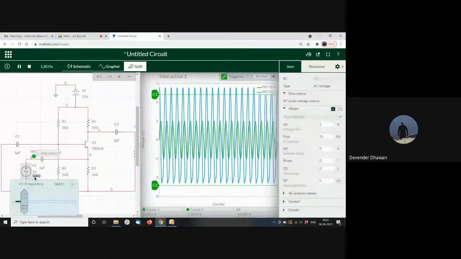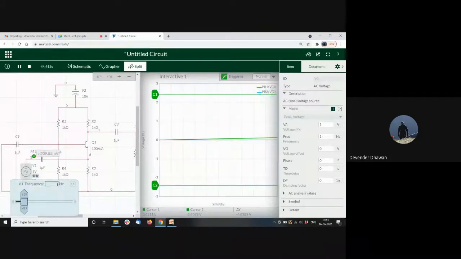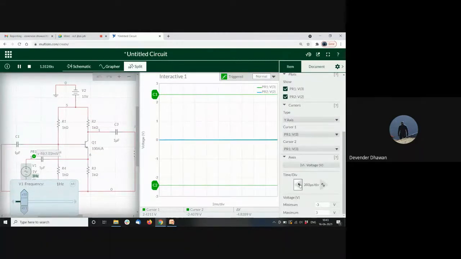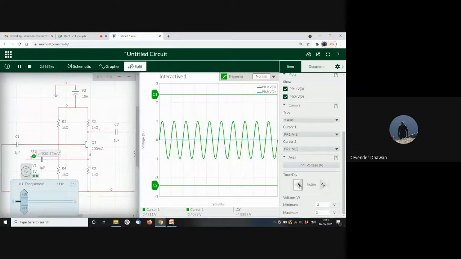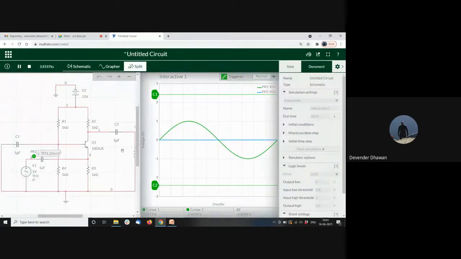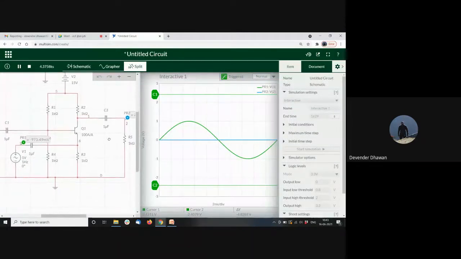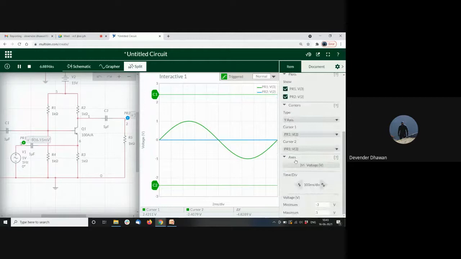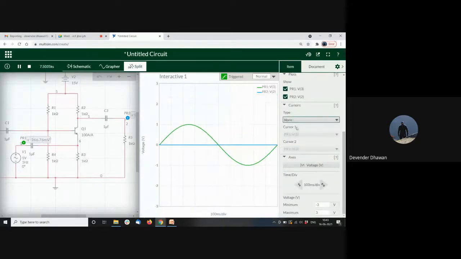If we start with, let's say, 1 Hertz, you can see the output waveform is almost 0, which is supposed to happen because after 316 only it will start. Let me remove the cursor.